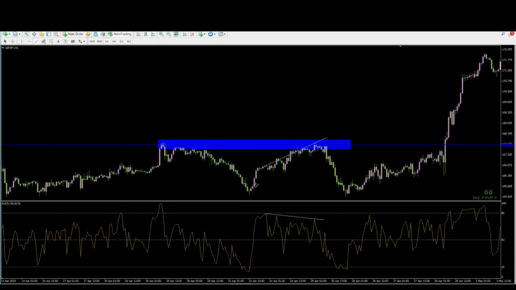Then I will draw a trend line here, and I want to make sure that price comes down and breaks this trend line before I enter this trade. And the third thing is I will switch to the 15 minute chart, for another confirmation of whether the structure is changing.